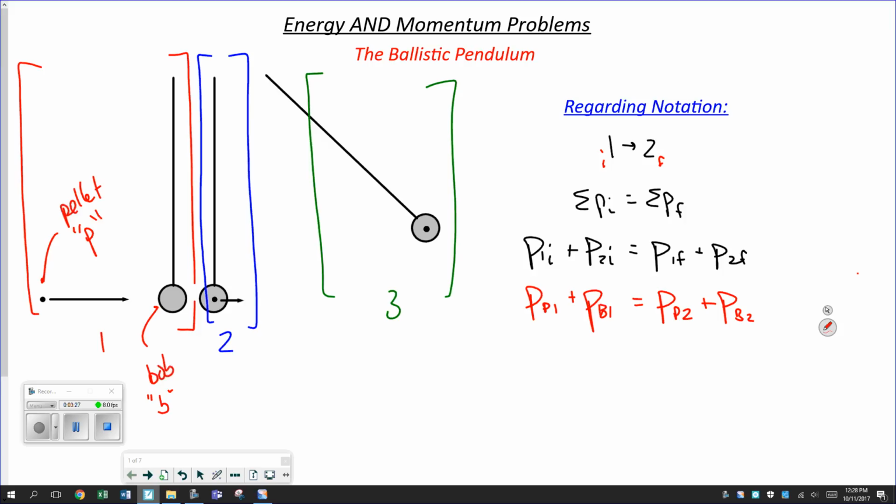Now, does that make things more challenging? I don't know. Do you know what momentum is and what an object is? That's the question. So maybe we can have a little luck there.